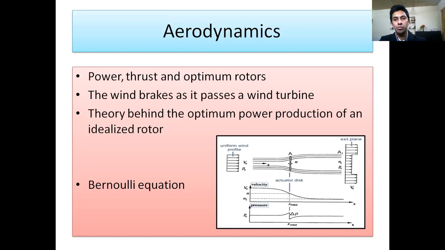Then, from the back of the rotor to the far end, we apply the Bernoulli principle here. We would have the same velocity term, but now with the pressure drop included. At the far end, we would say P naught plus one half rho U1 squared.